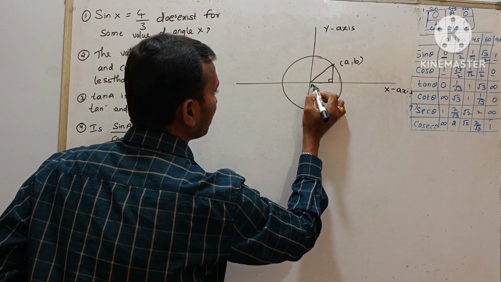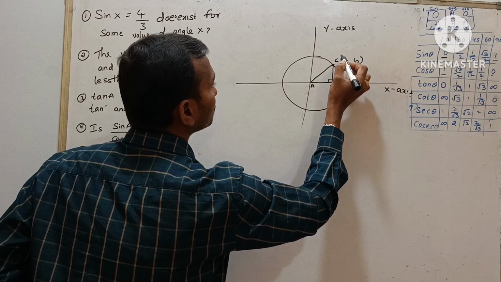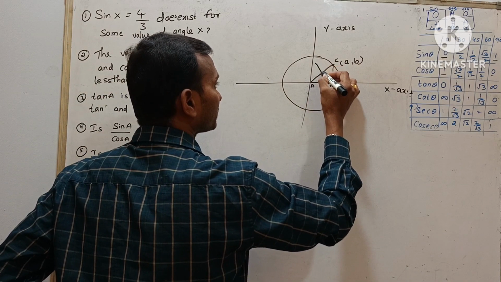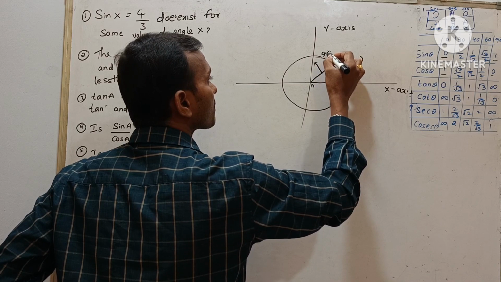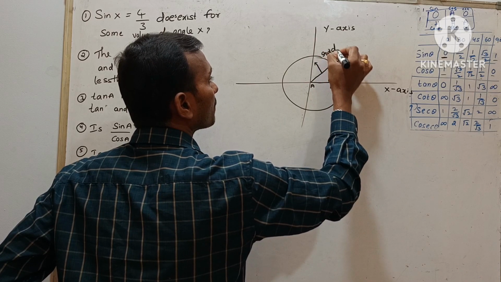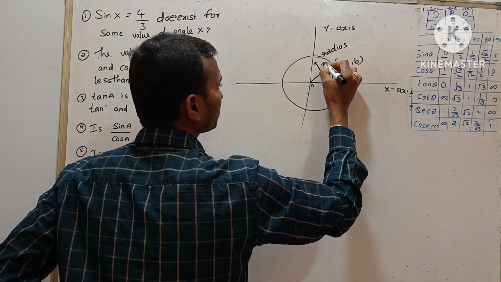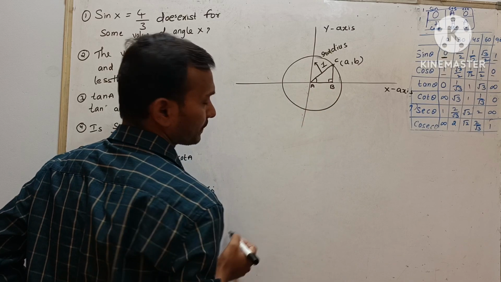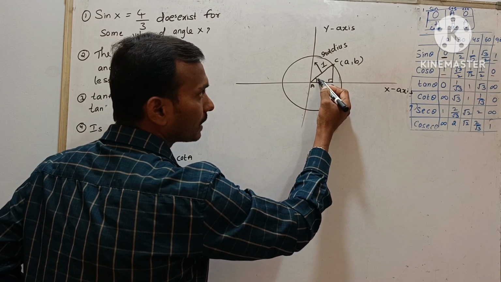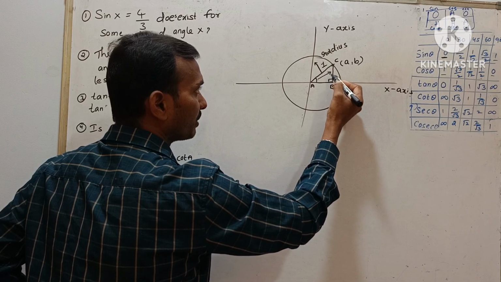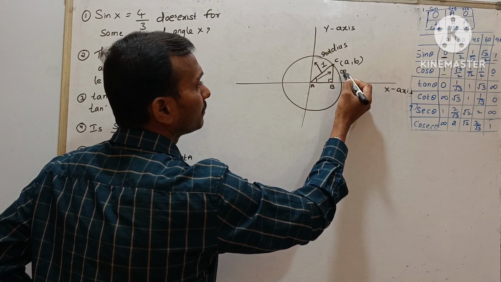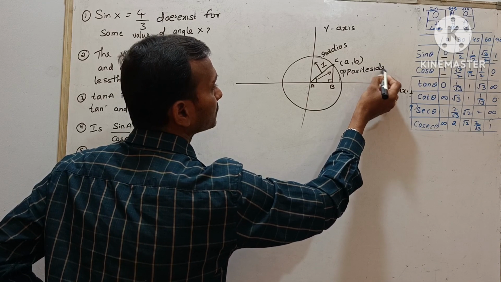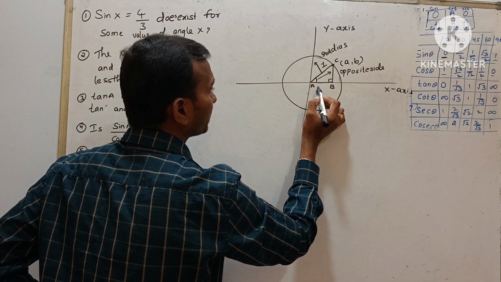For example, ABC is a right angled triangle, right angled at B. Now this becomes the radius of the circle, which is 1 centimeter. If you observe from this side, the opposite side of angle A will be BC, and the adjacent side of angle A is AB.